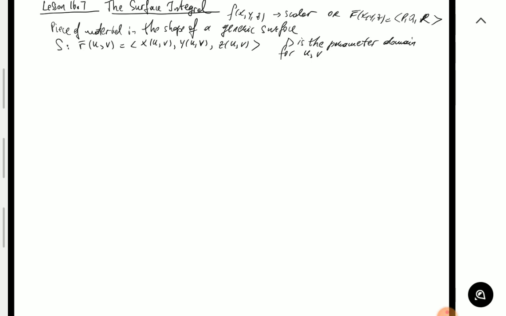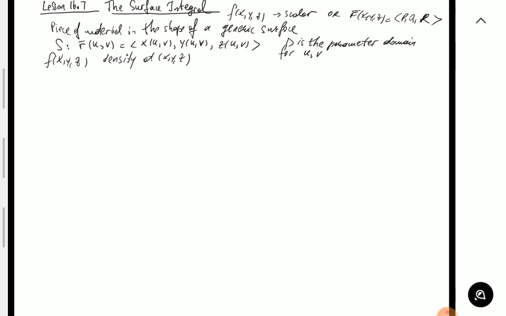So in that case, the function which we will integrate eventually, let's say f(x,y,z), denotes the density at point (x,y,z) on this piece of material. And to compute the total mass, we're going to multiply this density with the area around that point.